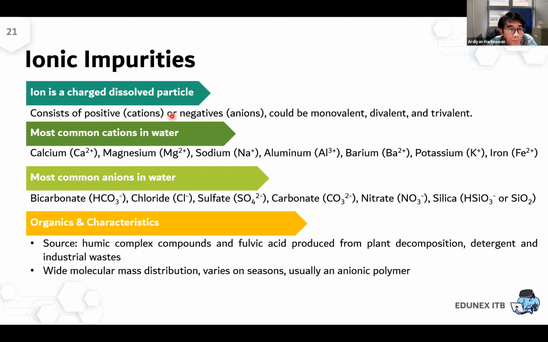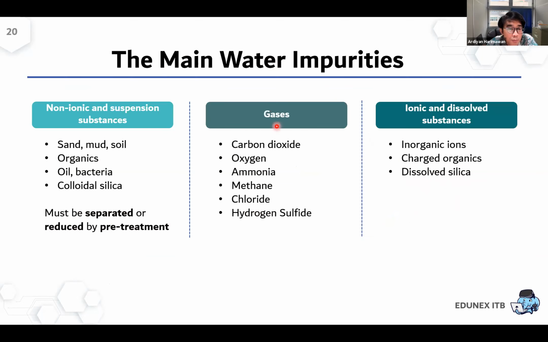And these are the main water impurities. They can be non-ionic or in suspension. They can be in gas and in ionic form, and we call it dissolved substance. Basically, dissolved or ionic substance is the main problem with water if we want to use it as utilities or as process water.